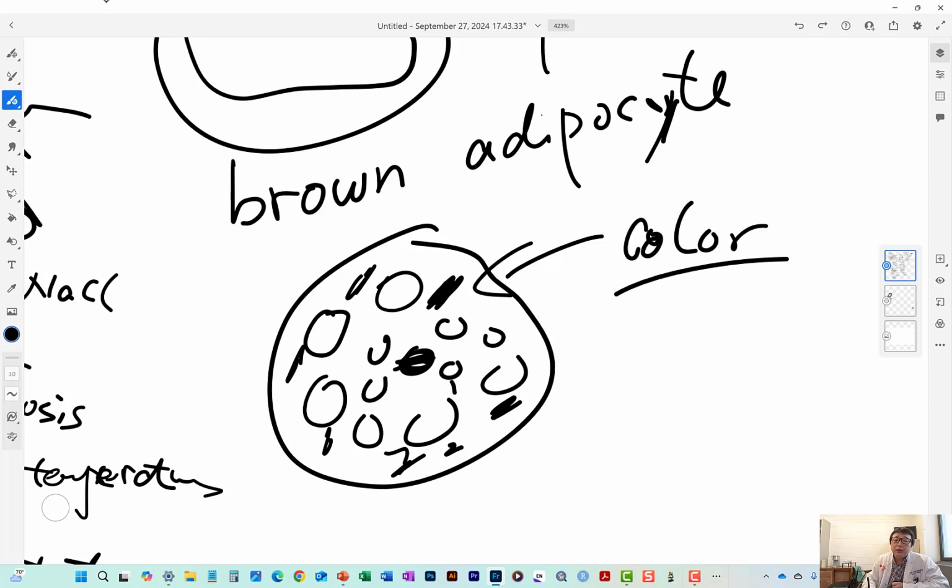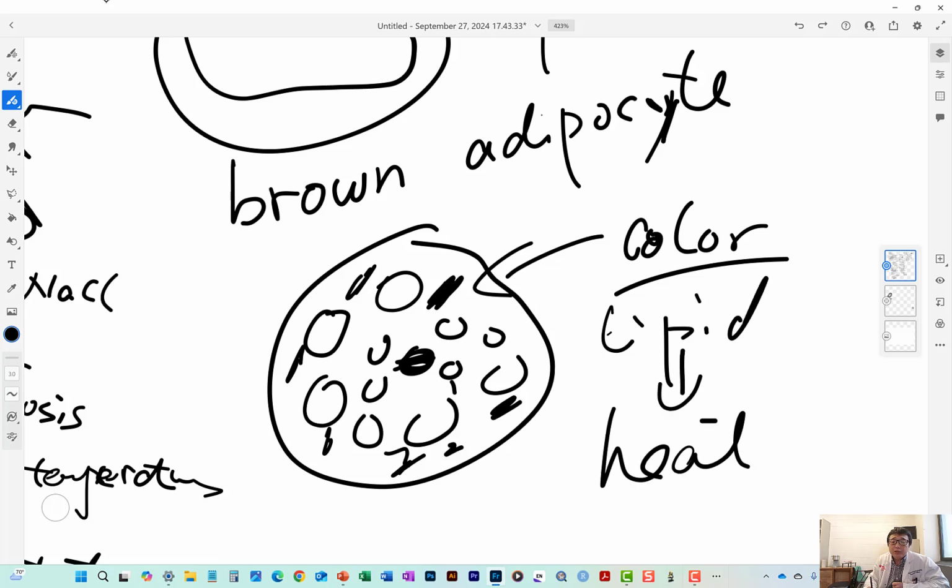Mitochondria have color. The function of brown adipocytes is not to store lipids, but rather to use lipids. They burn lipids to generate heat. That's how we maintain our body temperature when we are young. We generate heat from the brown adipose tissue.